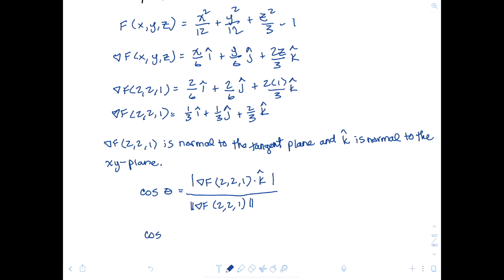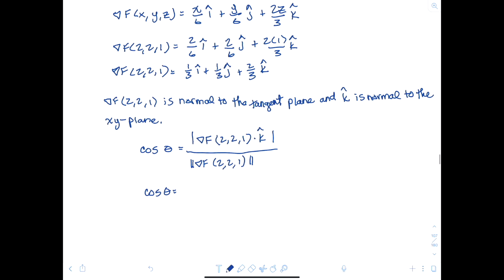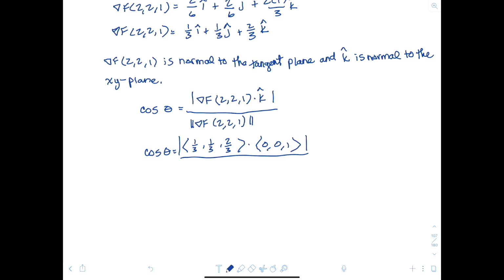So we'll have cosine theta is 1/3, 1/3, 2/3, dot 0, 0, 1. That's the absolute value over the square root of 1/9 plus 1/9 plus 4/9.